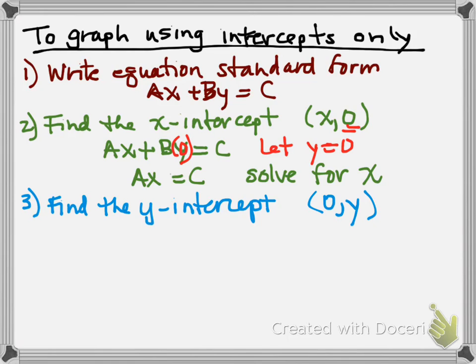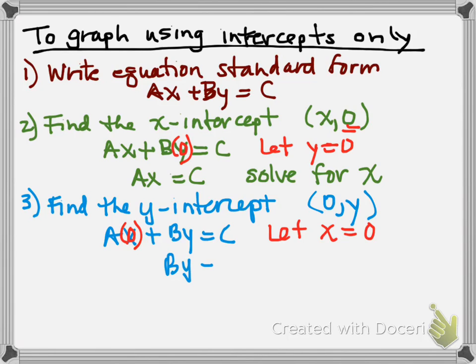So what this says is we're going to take our standard form, but we're going to replace x with 0. So we're going to let x equal 0. That's going to leave us with by equals c, and then we would solve for y.